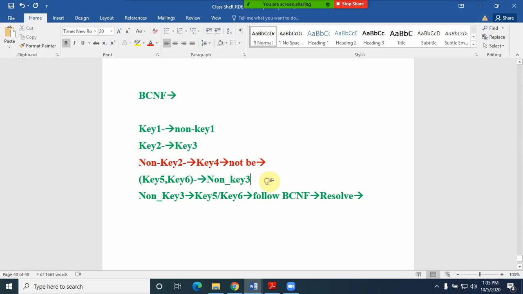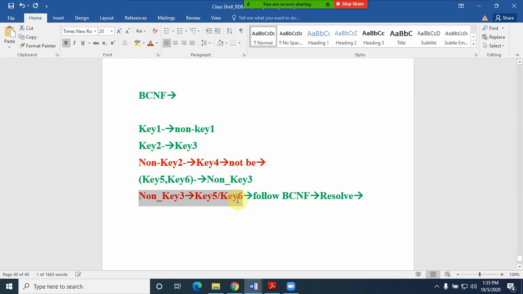But here the case is a bit distinct. How we see this in BCNF is, suppose I am having key 5 and key 6 which generate non-key 3, for example. After careful observation, we observe that non-key 3 is again generating key 5 or key 6.